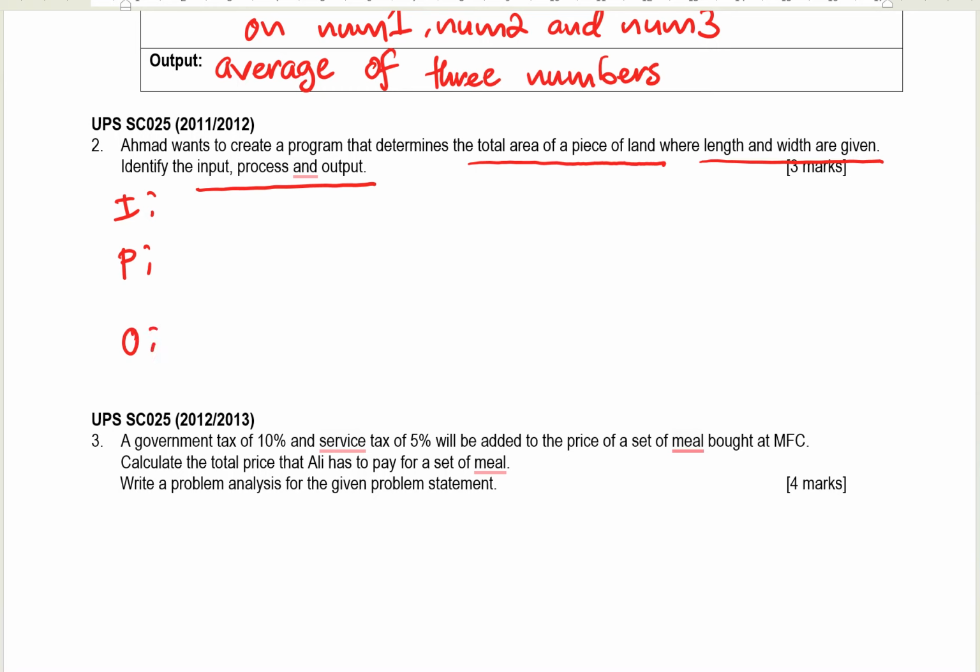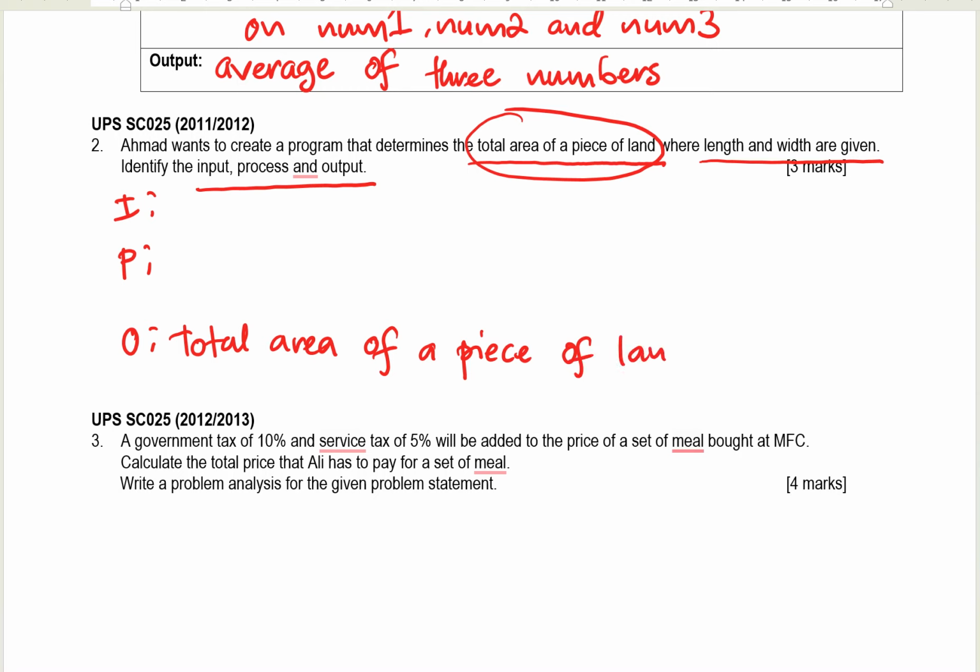So what are we going to get? So we are going to get the total area of a piece of land, and the output should be total area of a piece of land.